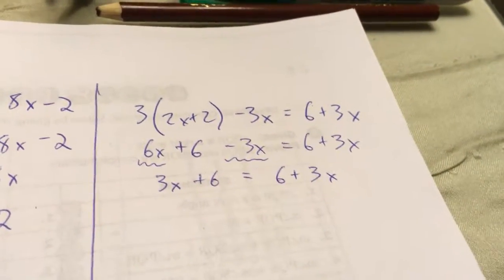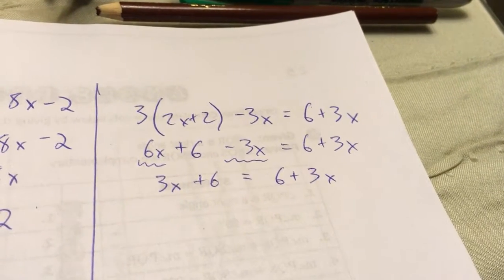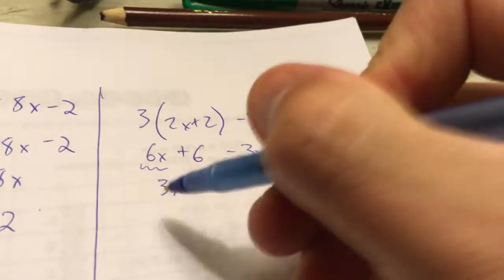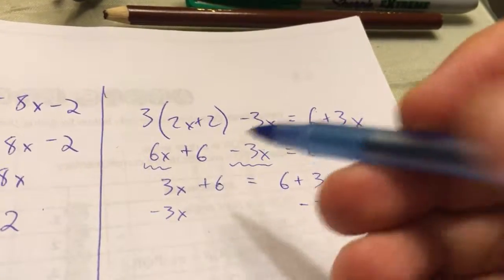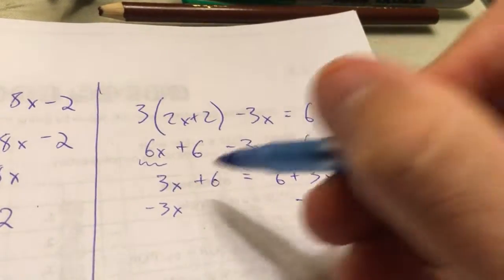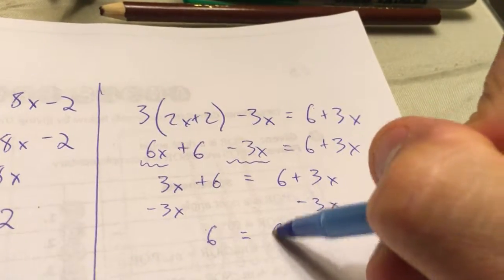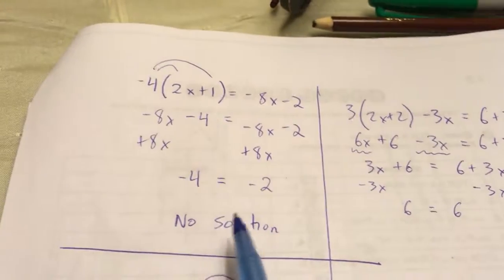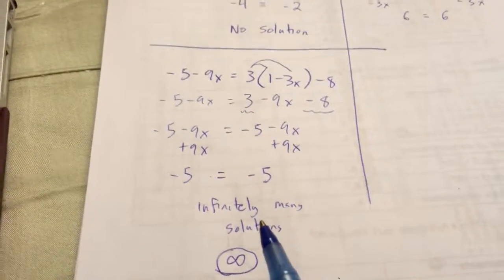So our next step is to get all the x's on the same side. I'm going to move my x's to the left side. I'm going to subtract 3x from both sides. What do you notice is about to happen when we combine like terms here? The x term cancels out, and we're just left with 6 equals 6. And if we remember, is this one more like the one that ended in no solution, or the one that ended in infinitely many solutions?